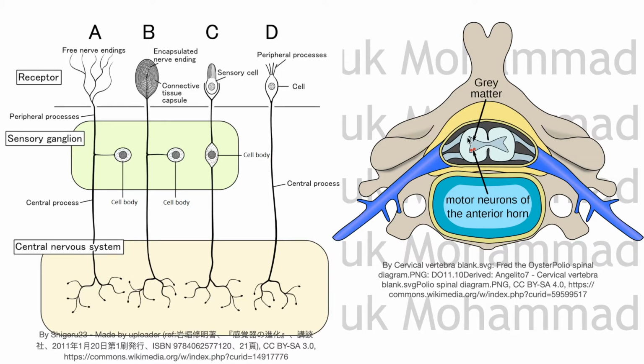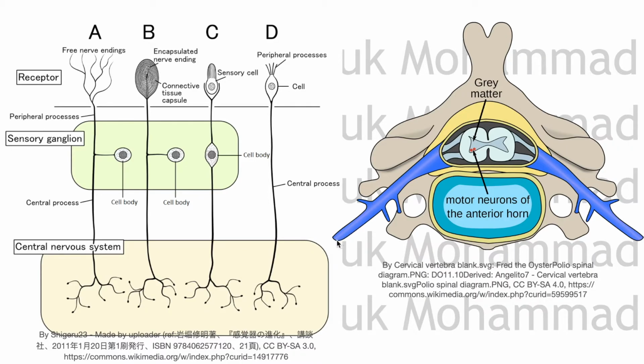The dorsal horn of the gray matter receives a sensory signal from the body through a type of neurons called pseudo-unipolar neurons that form the dorsal root ganglia of the spinal nerve.